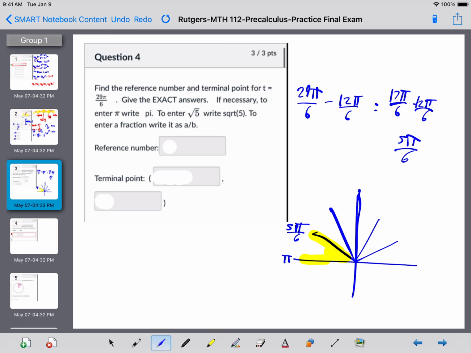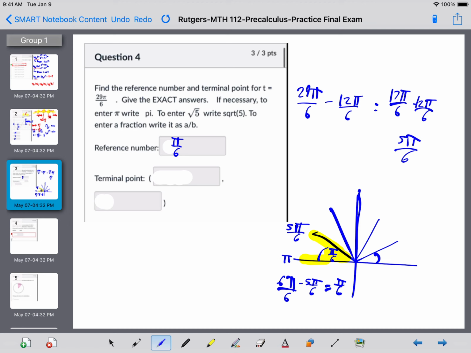So this is pi here. I'm going to do pi minus 5 pi over 6, which is essentially saying 6 pi over 6, and you get pi over 6. You could actually see that because it's about the same angle as pi over 6. So the reference number is pi over 6.